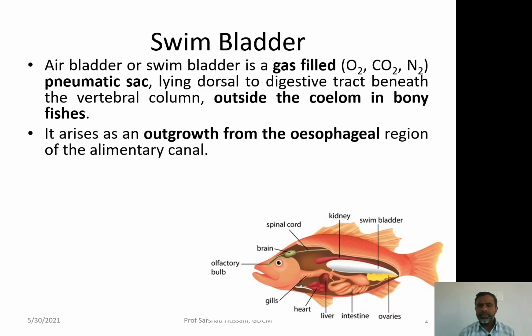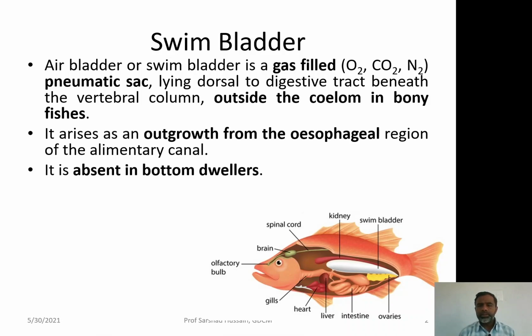So, it arises as an outgrowth from the esophagus. Basically, this is the part of the esophagus from which an outgrowth arises, which later forms the swim bladder or air sac.